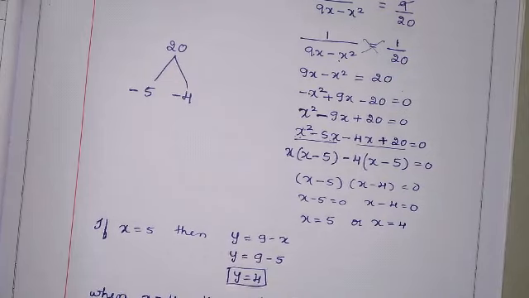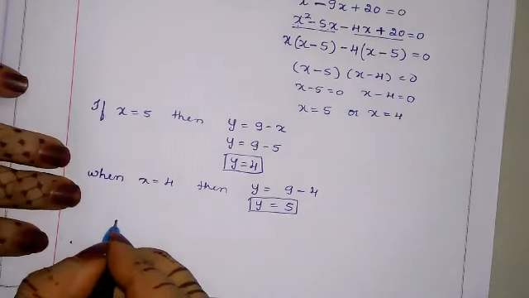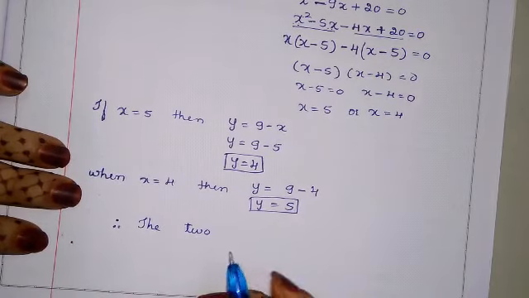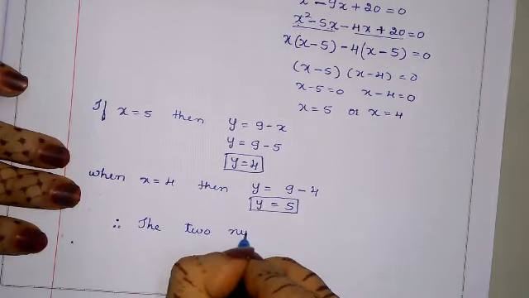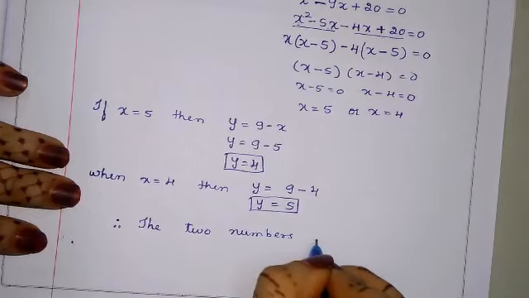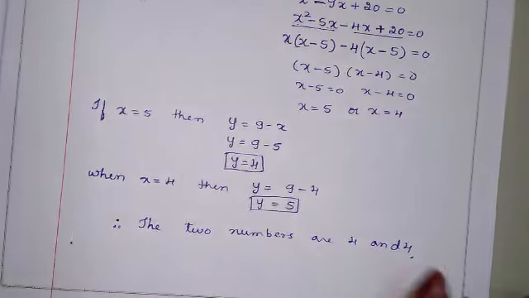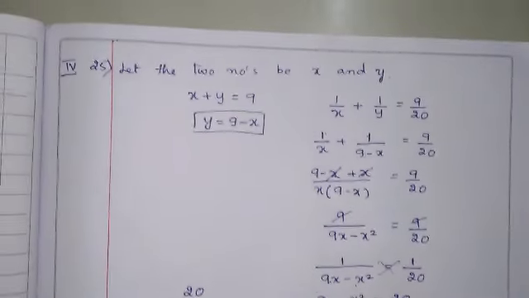Same values we will get. Therefore, the two numbers, find the two numbers they have told, are 4 and 5. So this completes the question number 25.